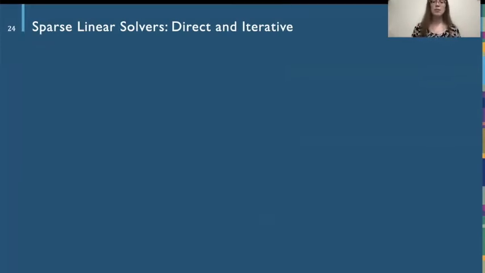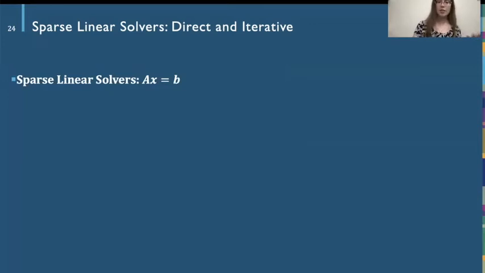Trilinos contains both direct sparse solvers and iterative sparse solvers. Again, sparse linear solvers solve a system AX equals B. When I say the system is sparse, I mean that the matrix A contains mostly zeros.